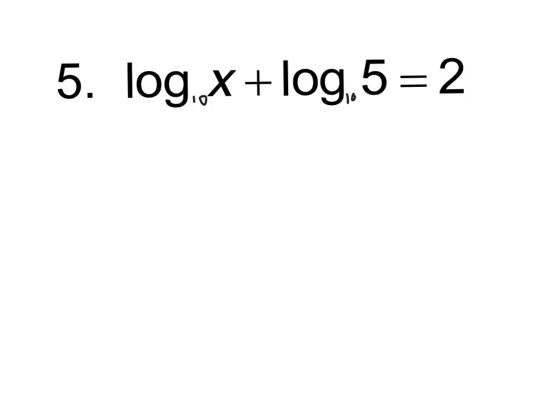Okay, so what do I do if I have 2 logs? Combine them. So what happens if I have the log of x plus the log of 5? When I combine them, what am I going to do with that x and that 5? Yes, because our rules say that if we have addition of 2 logs, we can turn that into the multiplication with 1 log. So it's going to be the log base 10 of 5x equals 2.